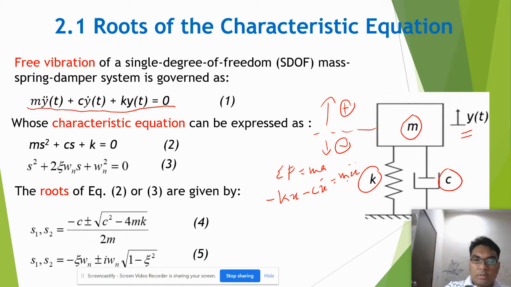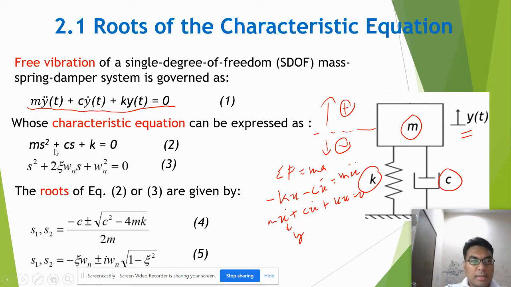When you bring everything to one side, you have mx double dot plus cx dot plus kx equal to 0. We just want to represent it in the y direction, so it can also be represented as y. This is how you derive the very simple equation of motion for this diagram.